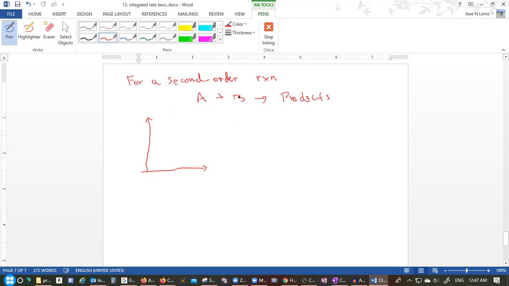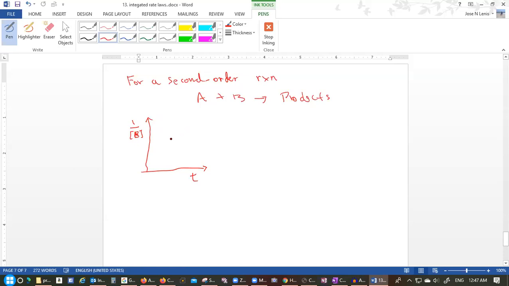I've been using A. Let me use B, so you realize that it could be either one. So the graph that confirms if a reaction is second order is the graph of 1 over concentration of B against time.